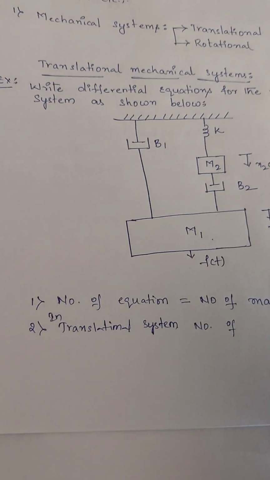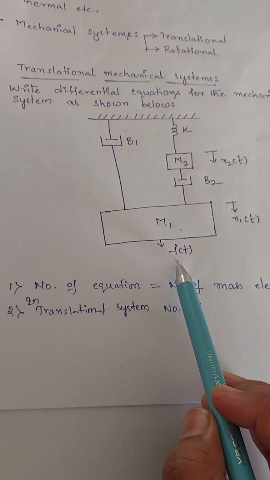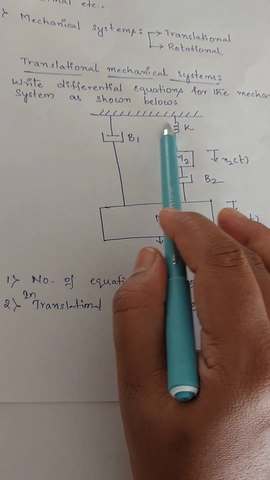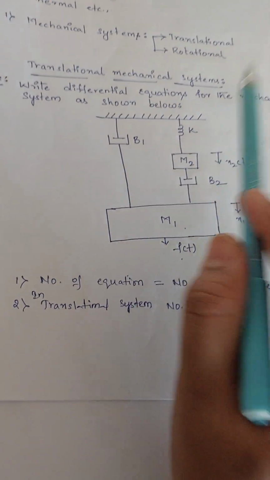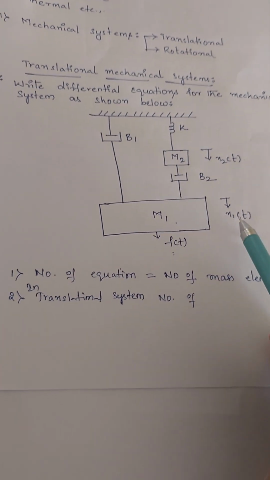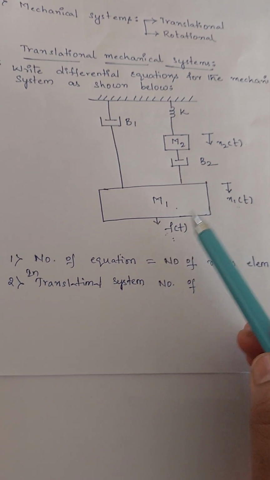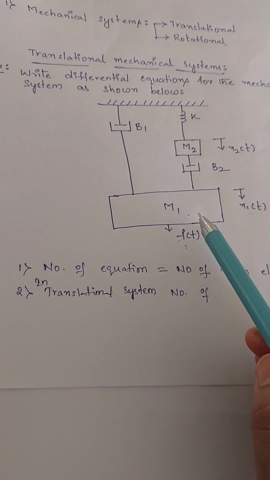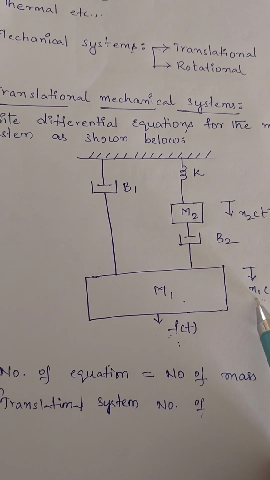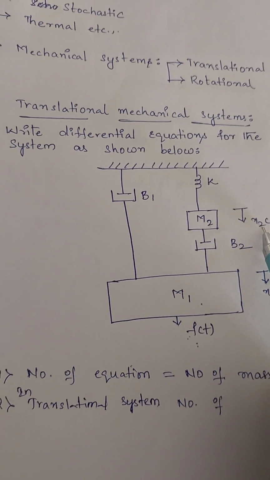All the elements are connected here, and F is the force applied onto this rigid body representation. When force is applied on the body, the displacement at this element is given by x1, and at the mass m2 it is given by x2, right?